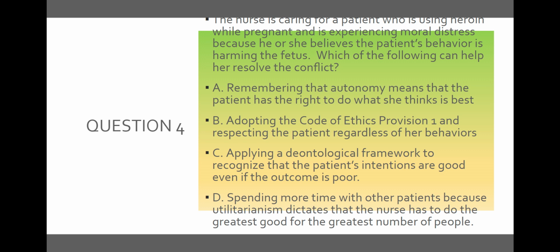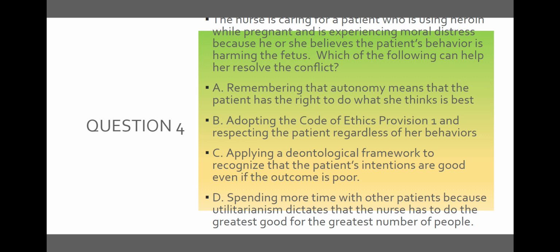The nurse is caring for a patient who is using heroin while pregnant and is experiencing moral distress because he or she believes the patient's behavior is harming the fetus. Which of the following can help her resolve the conflict? A, remembering that autonomy means the patient has a right to do what she thinks is best.